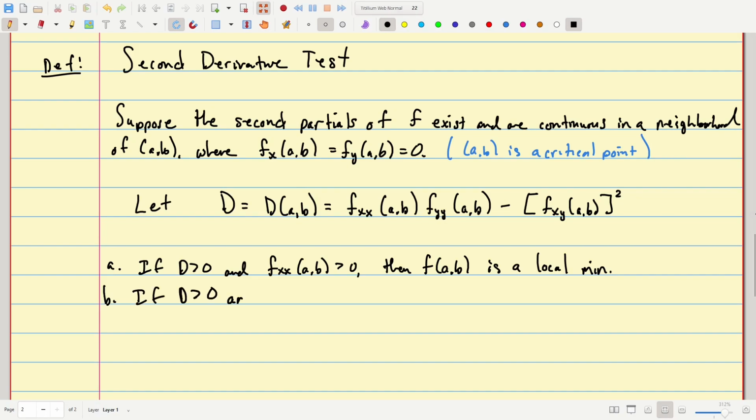If D is positive and the second partial with respect to x is negative, then f(a, b) is a local max.